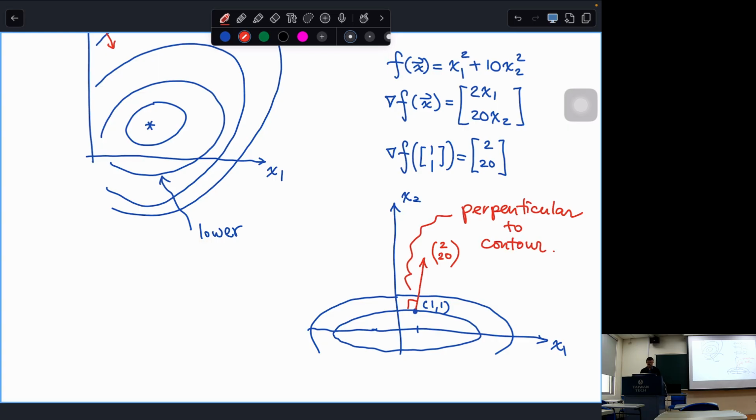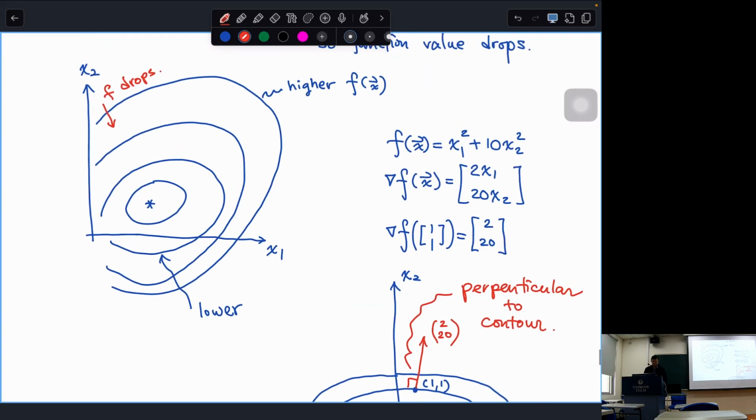If I made an initial guess, for example somewhere right here, this is my x0.